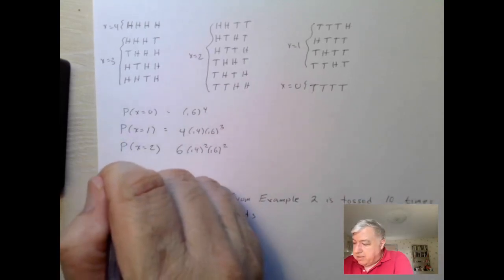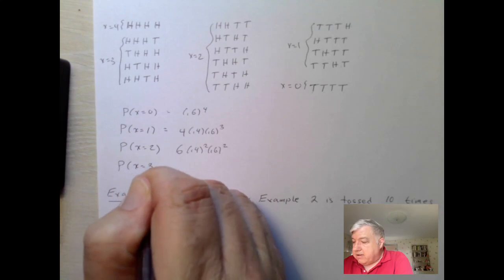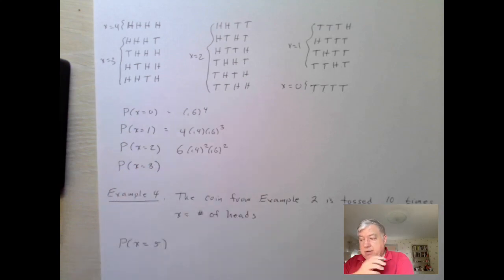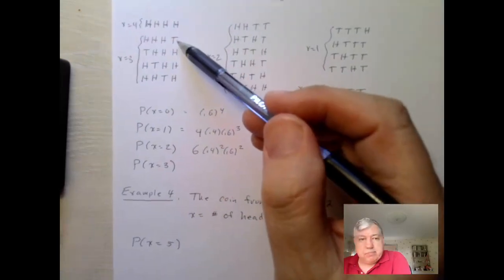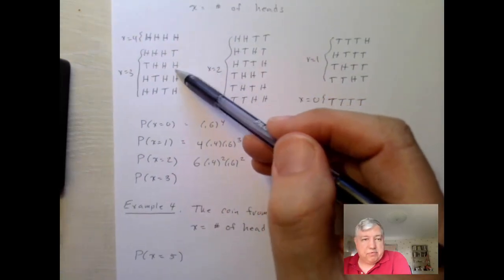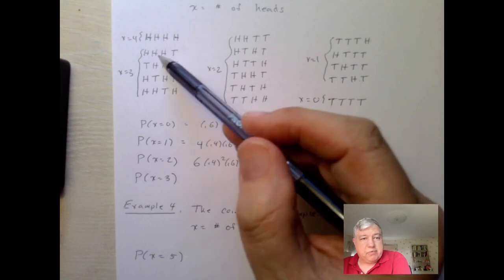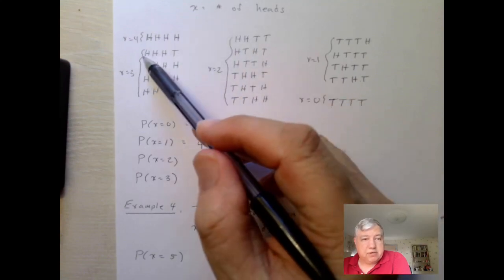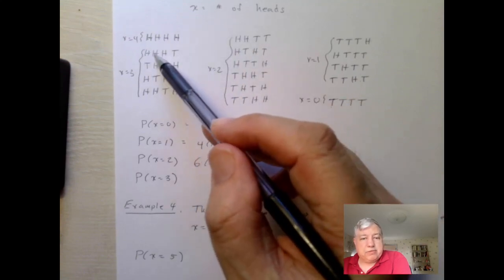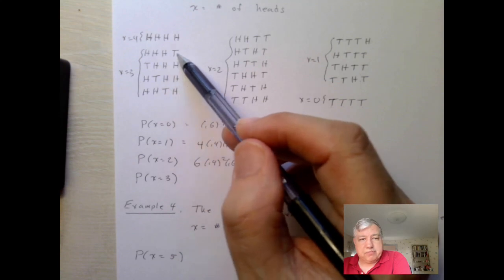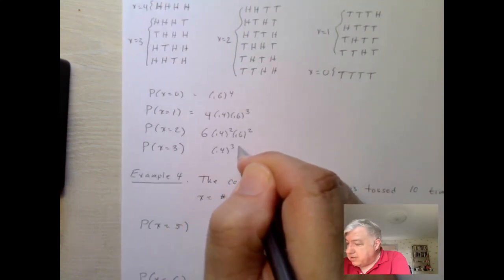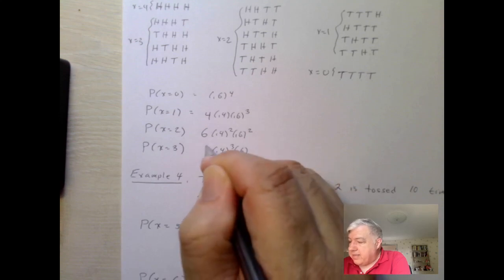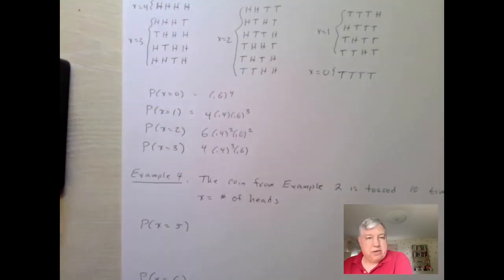And then the probability of x equals 3, that would be right here. That would be the probability, add the probability of all 4 of these events, and the probability of each of these events would be 0.4 times 0.4 times 0.4 times 0.6. So this would be 0.4 cubed times 0.6, and there are going to be 4 of them here.